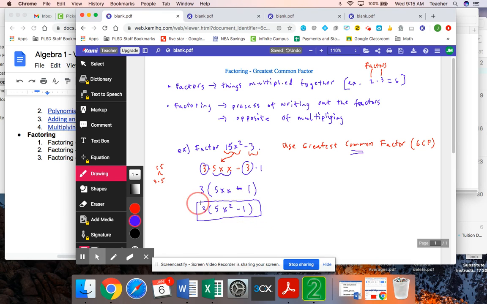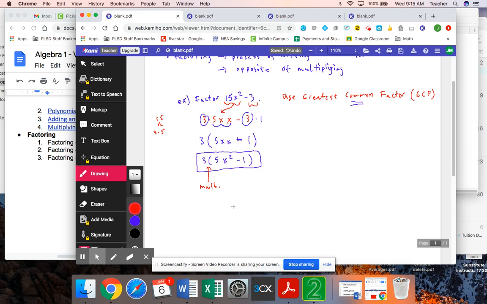How do I know I'm done? Because I see that I have two things multiplied together: 3 times this whole thing. Now, I could check this by seeing if, when I multiply this out, I actually get the original thing. So the opposite, like I said up here, it's the opposite of multiplying.